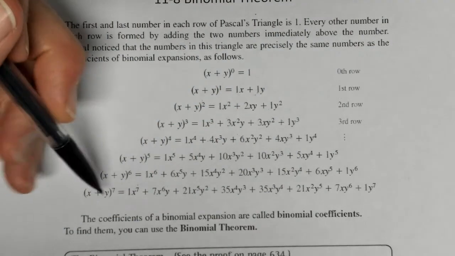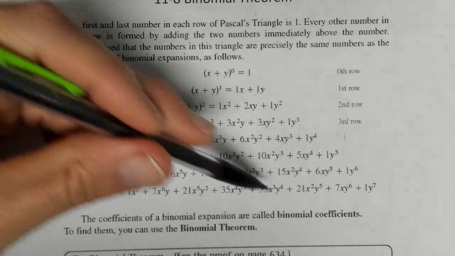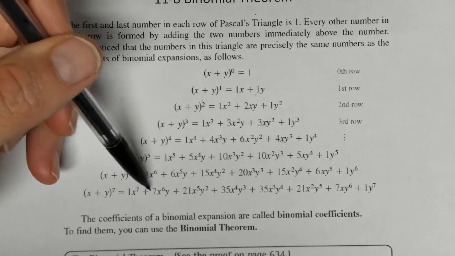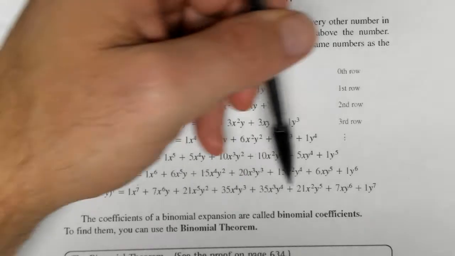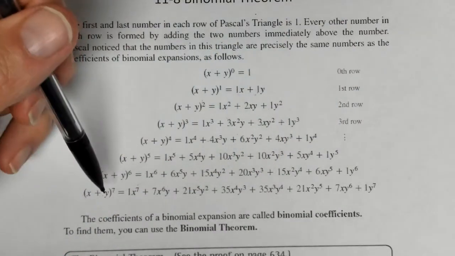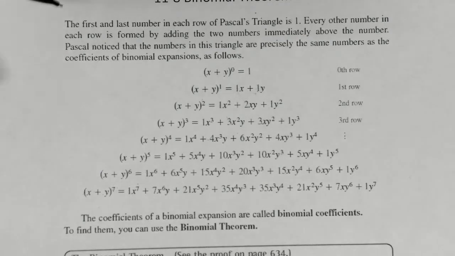However, we can use the binomial theorem and the fact that these coefficients are the numbers in Pascal's triangle to expand it out and write this expansion a lot more quickly and more efficiently than just multiplying it out by hand. All right, and so that's the usefulness of the theorem.